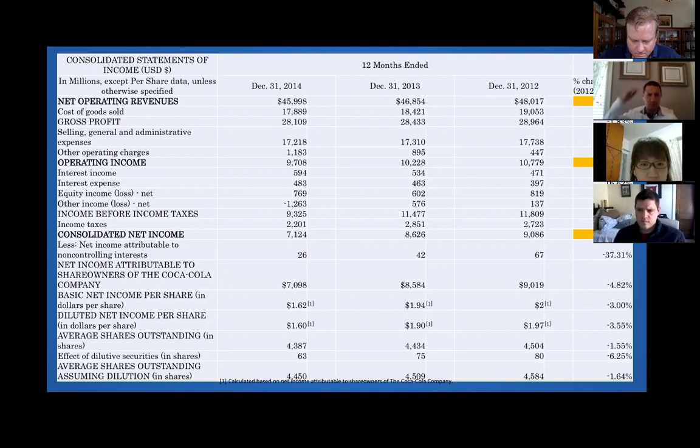As a result, the net income has more or less dropped in proportion to the operating income, which is about 5%. So it looks like, in general, the revenue has decreased, and the cost of goods sold has decreased proportionally. As a result, the net income has dropped about 5% from 2012 to 2013. Okay, move on to the next slide, please.